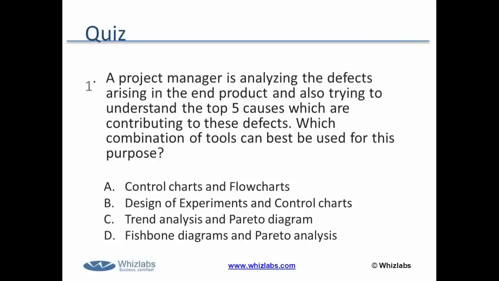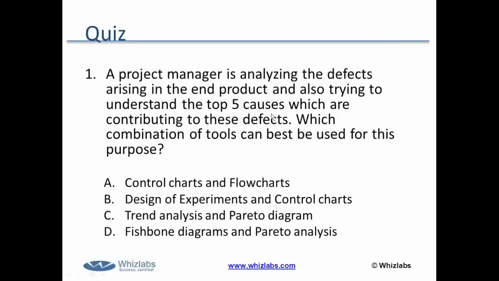So fishbone diagram is also called root cause diagram. And then top 5 problems, that means Pareto analysis, that 20% of the causes are leading to 80% of the problem. So the correct answer for this is fishbone diagram and Pareto analysis.